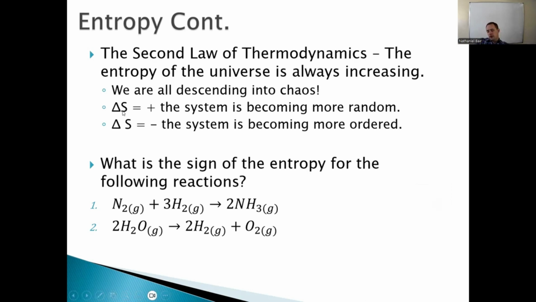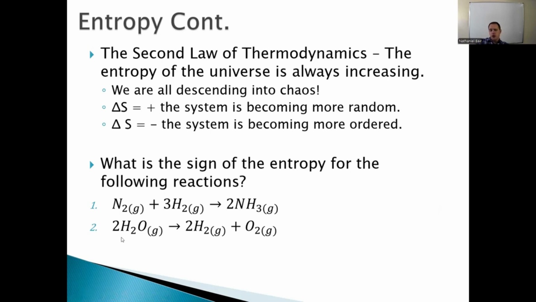Entropy is abbreviated with an S, so delta S is the change in entropy. If a system is becoming more random, more disordered, we say that's an increase in entropy. We assign it a positive value. If a system is becoming more ordered, less random, so if I'm making bonds or locking things into a certain position, we give that a negative delta S value.